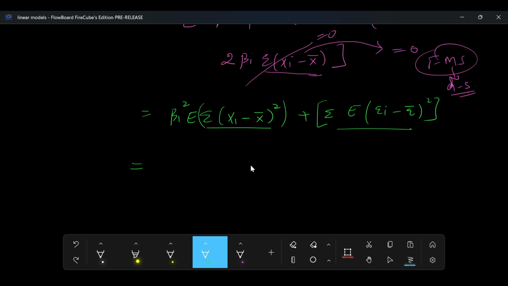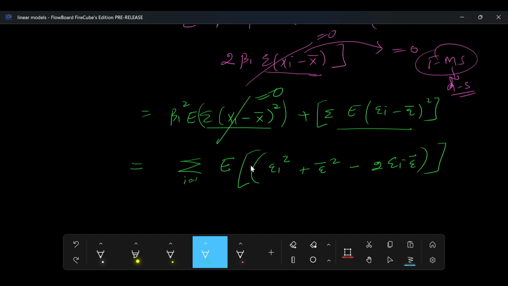Because this is again 0. So we will be left with summation expectation of ei square plus e bar square minus 2 ei e bar. Sum of square of deviations taken from the mean is 0. This is mean deviation about mean. Both are 0. So this is equal to this, i is equal to 1 to n.